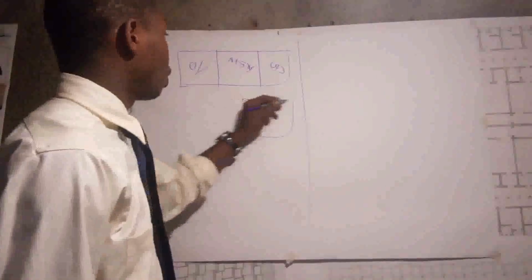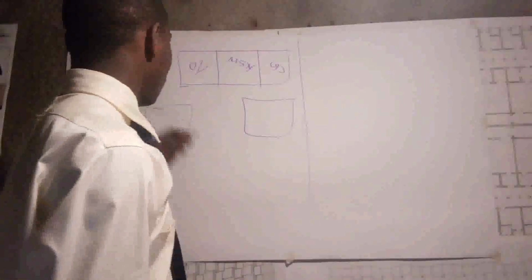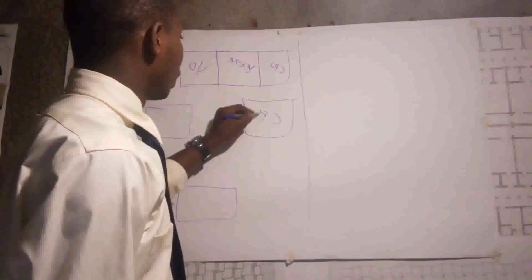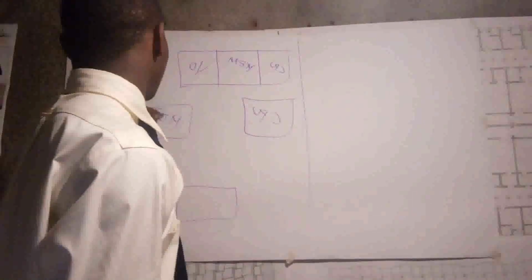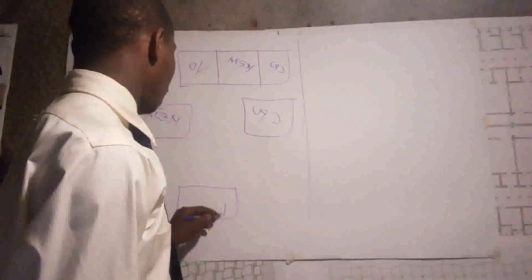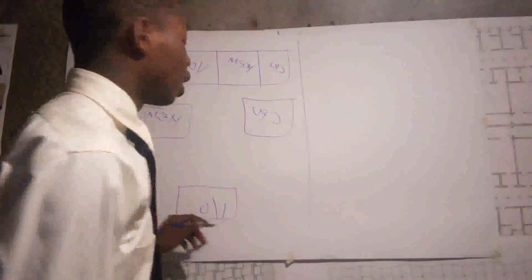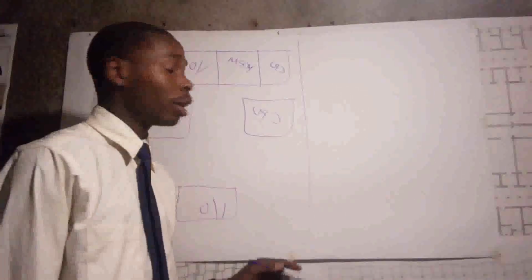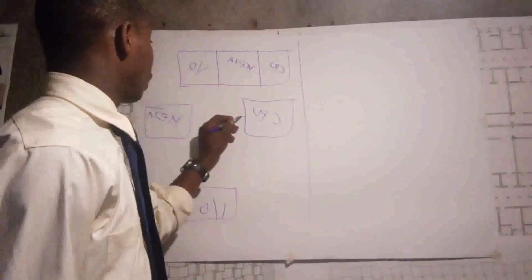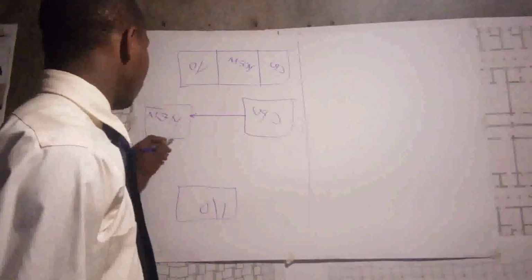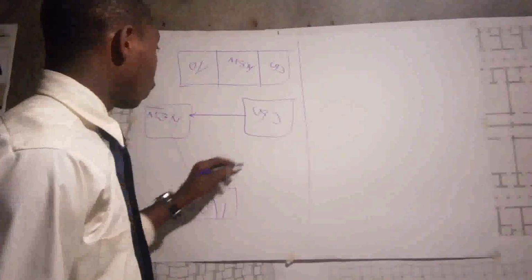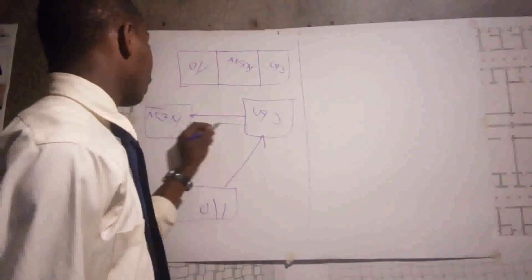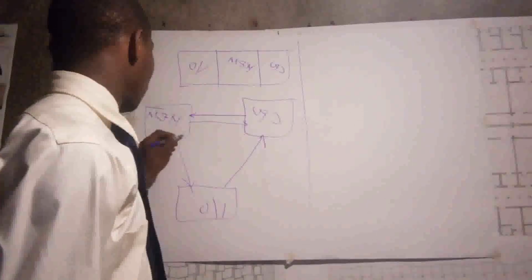So we have the CPU here, memory here, and input and output ports here. After this, we have the system bus. The system bus connects these peripherals: connected to memory, to input and output, and to the CPU, and vice versa.